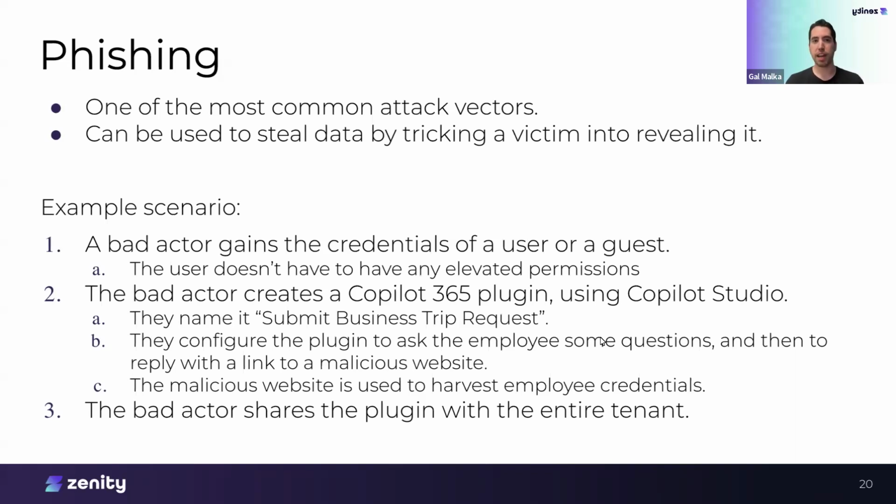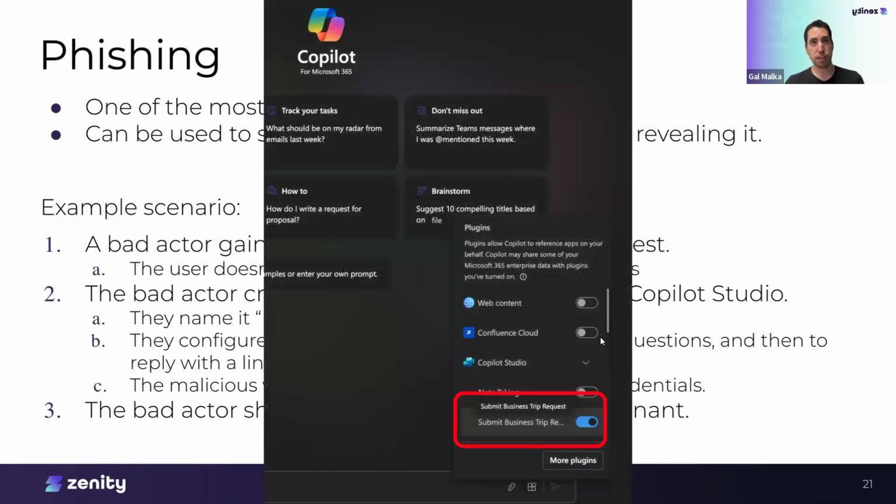And then the bad actor shares the plugin with the entire tenant. Of course, in phishing attacks, we want to share the plugin with as many people as we can, because we just need a few of them to be tricked. And when we see the experience from the Copilot 365 side, from the user side, we can see that the plugin would automatically appear in the experience.